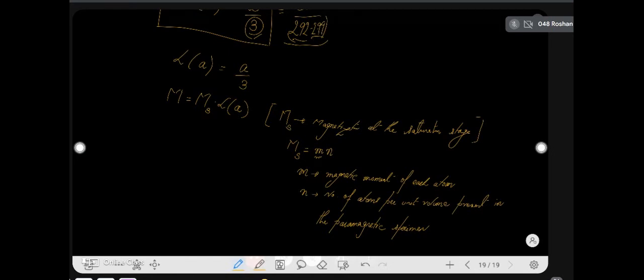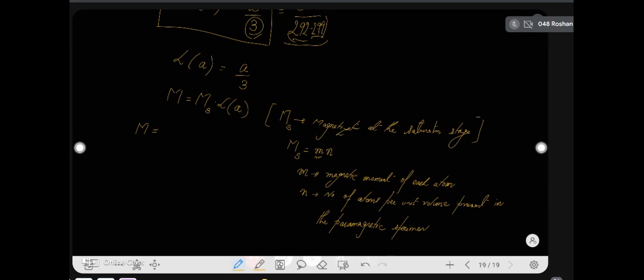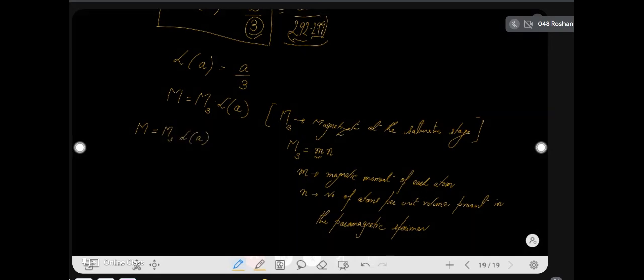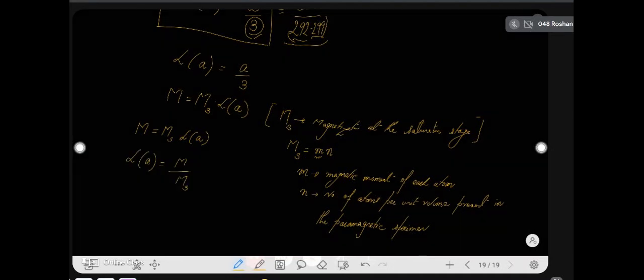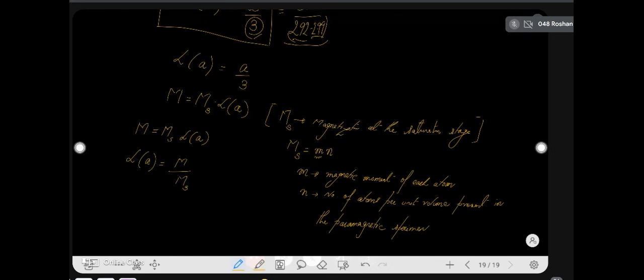So M is equal to Ms times LA. Now we can also write LA equal to M divided by Ms. Remember one thing, this particular LA, M by Ms, what is this equal to?